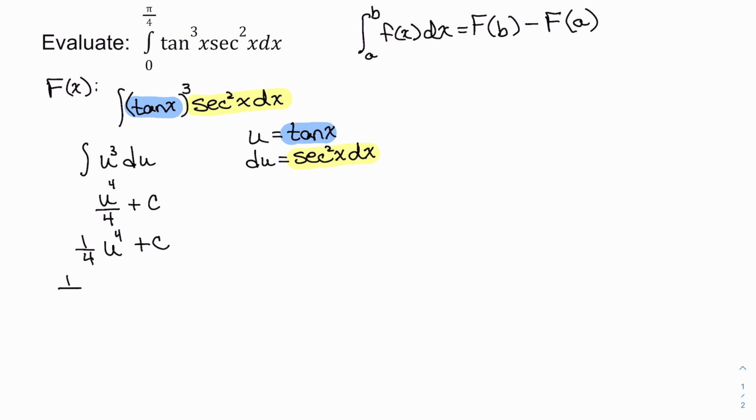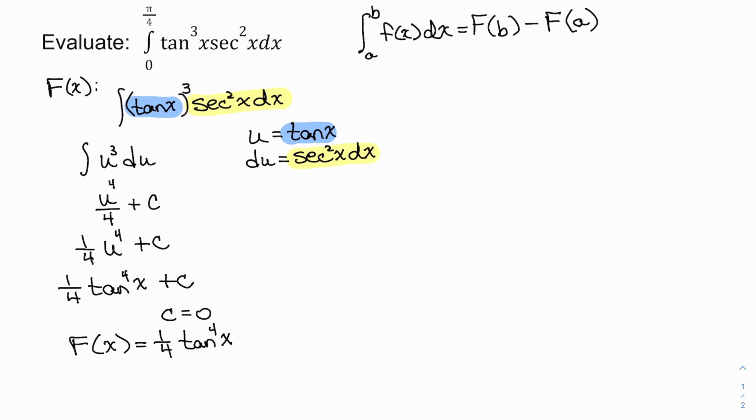So we are going to write this as 1/4 tangent to the power 4 of x, plus c. Now from the fundamental theorem of calculus, we just need to have an antiderivative of f of x. So we can choose the antiderivative to be the one whose arbitrary constant is 0. And we'll get that our antiderivative for our f of x is capital F of x is equal to 1/4 tangent to the 4th of x.